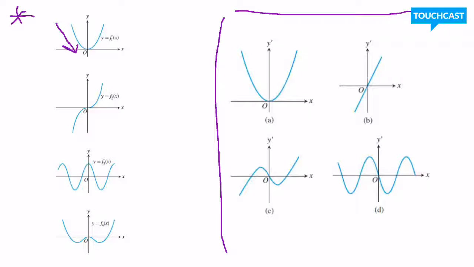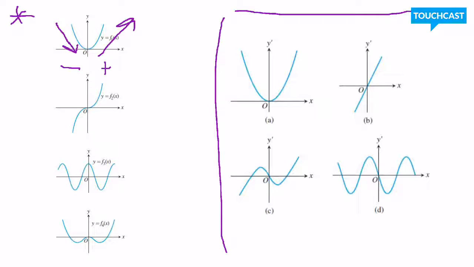And the function is increasing to the right of the place where x equals 0. That means to me that my derivative should be negative to the left of 0 and positive to the right of 0.